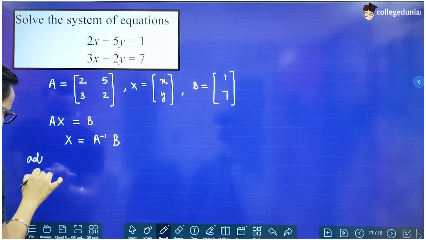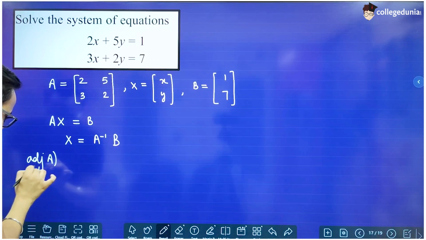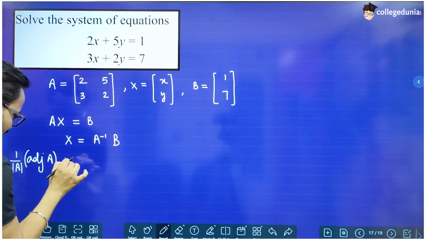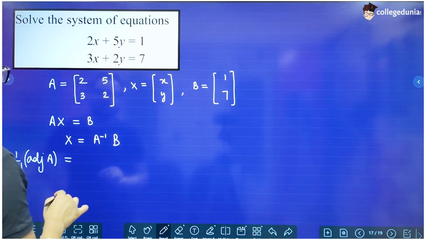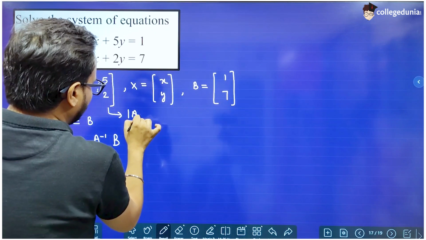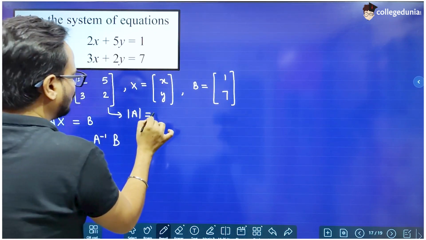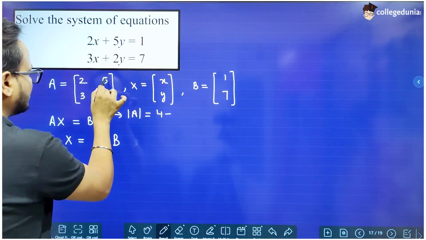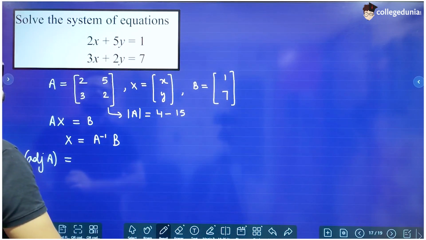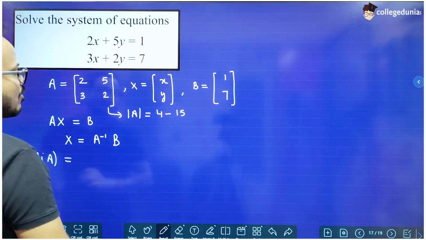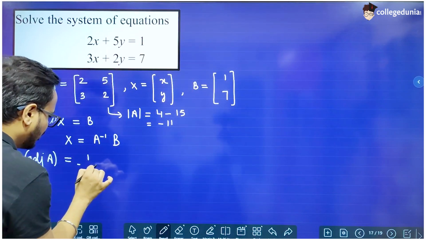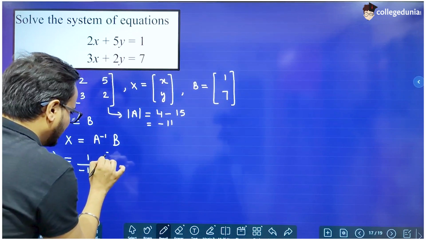A inverse is adjoint A divided by the determinant value of A. So what is the determinant value of A? Determinant value of A is 2 into 2, 4, minus 3 into 5, 15, which is minus 11. So 1 upon minus 11 into adjoint A.